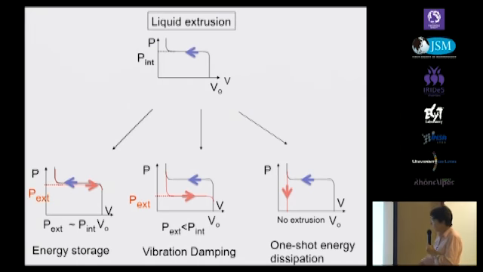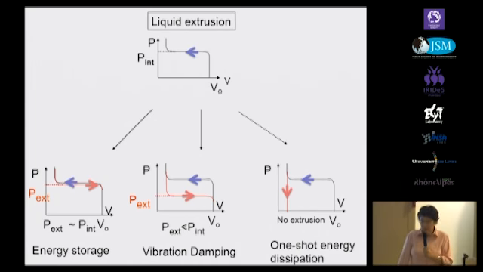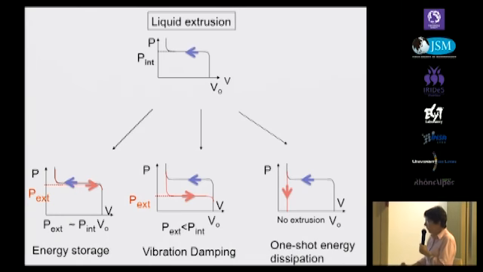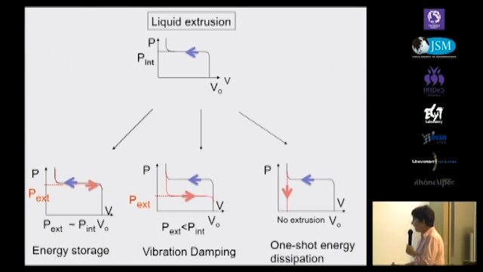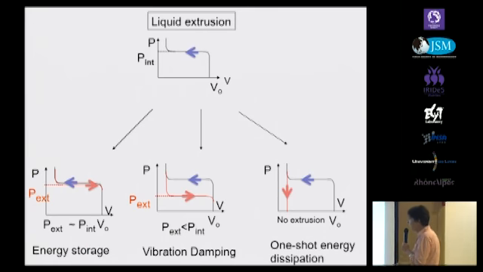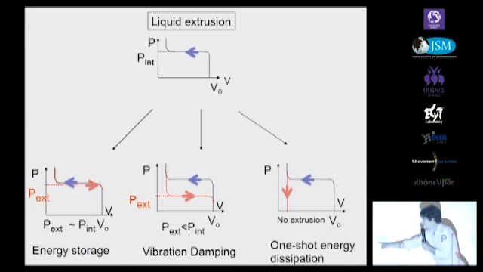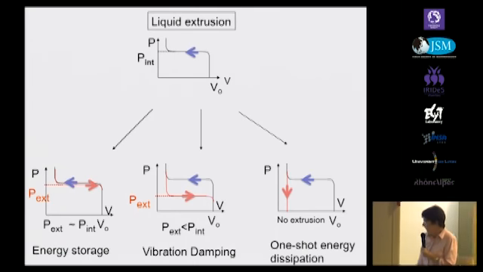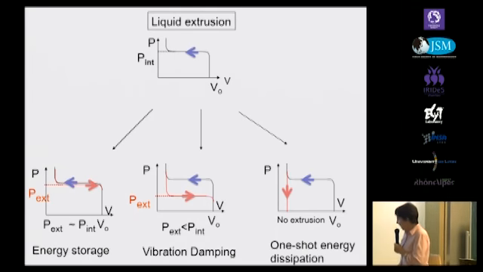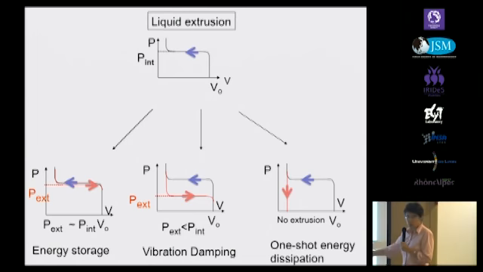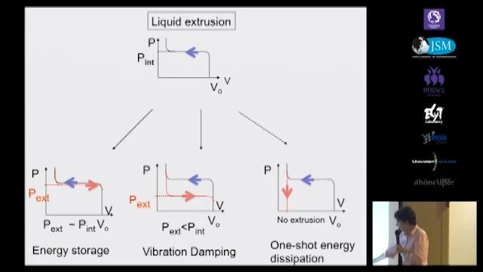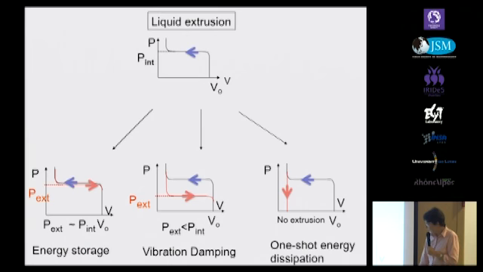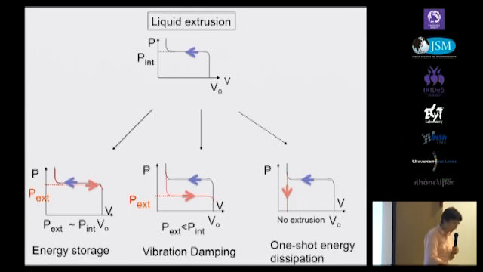Or the liquid may empty the pores at an extrusion pressure which is lower than the intrusion pressure. In this case, one recovers only part of the mechanical energy, and the energy dissipated is the energy inside the hysteresis cycle, and one has a system suitable for vibration damping. And finally, the liquid may not go out of the pores at atmospheric pressure, and in this case, one has a one-shot energy dissipation.